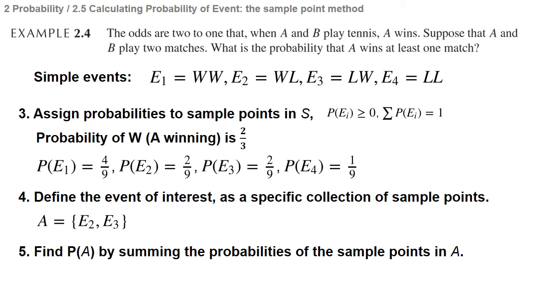In step 5, find the probability of A by summing the probabilities of the sample points in A. The assigned probability for E2 is 2/9, and for E3 it's 2/9 again. Summing those two numbers results in 4/9.